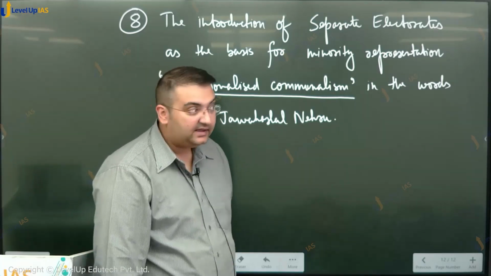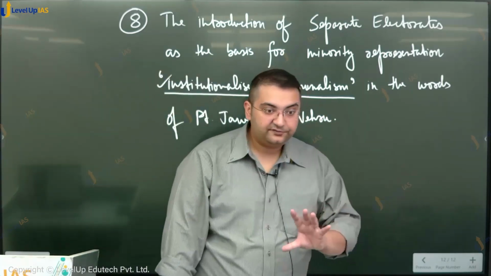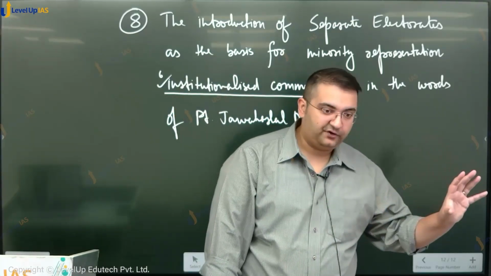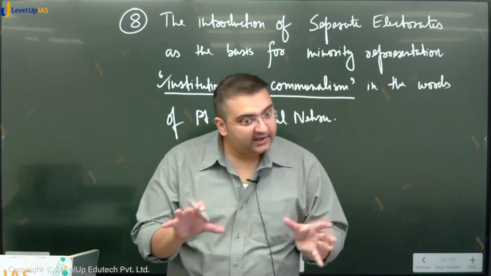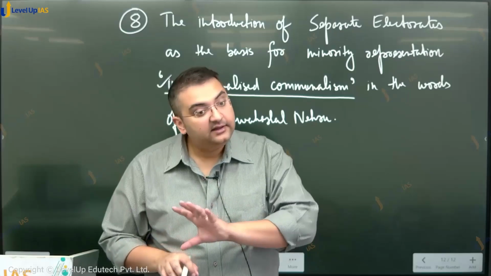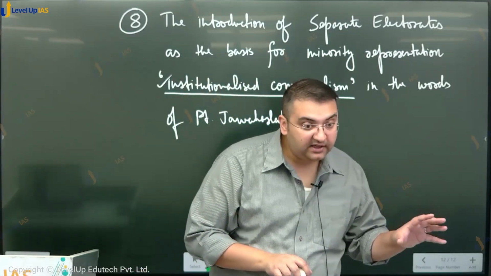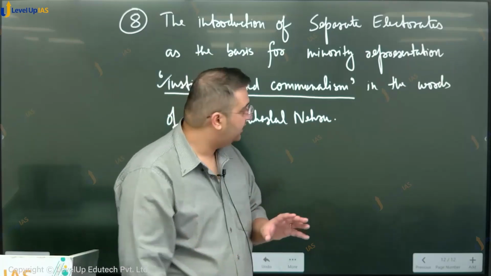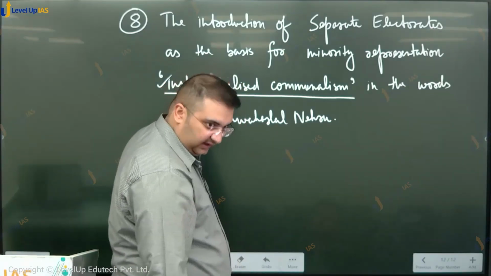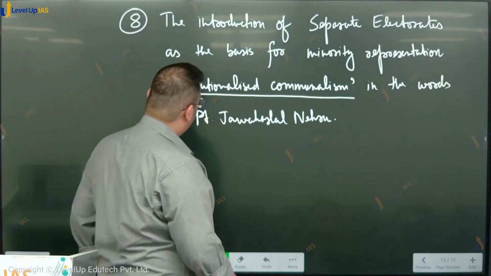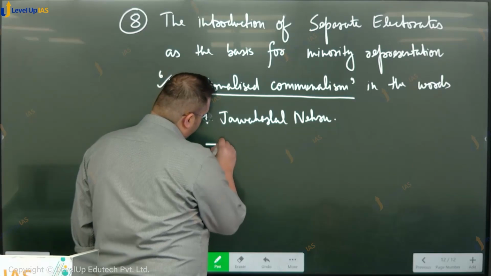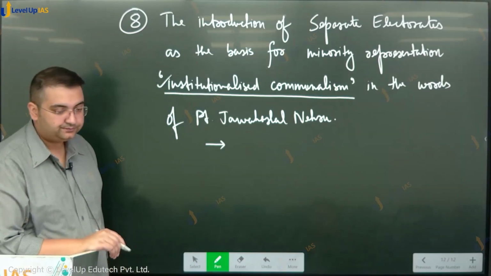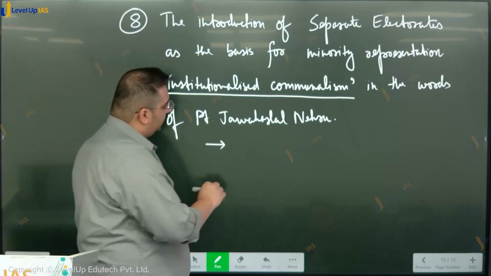That means communalism was transformed from a social phenomena into a constitutional phenomena. It had the backing of the constitution of the day. The political machinery of that period was responsible for enforcing it. ठीक है? तो एक तो ये नुकसान हुआ इसका. Tangible terms में कैसे मैनिफेस्ट हुआ ये? Write down.